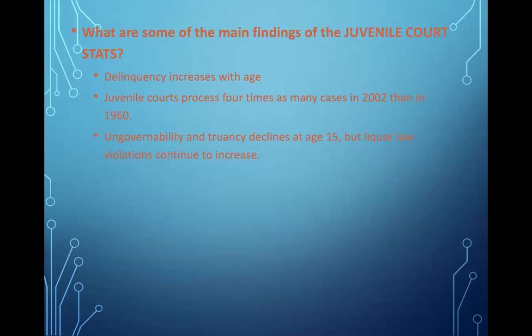And it looks like ungovernability and truancy, basically uncontrollability of juveniles, declines at age 15, but liquor law violations continue to increase. Males are referred to juvenile court more frequently than females.